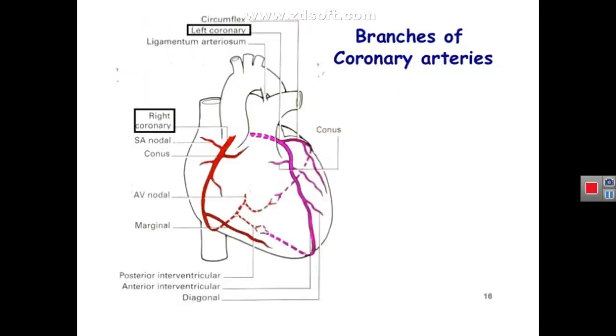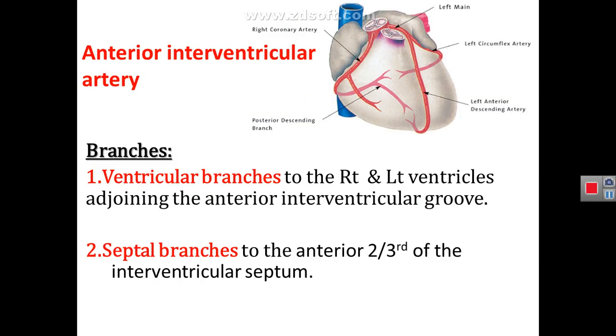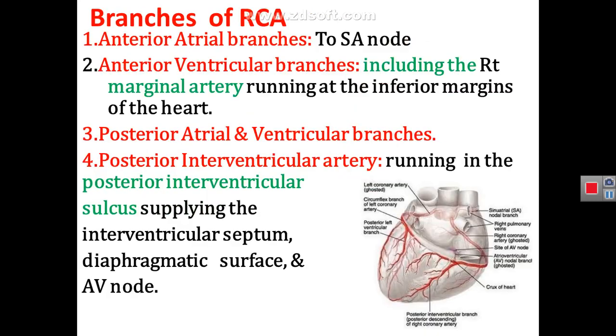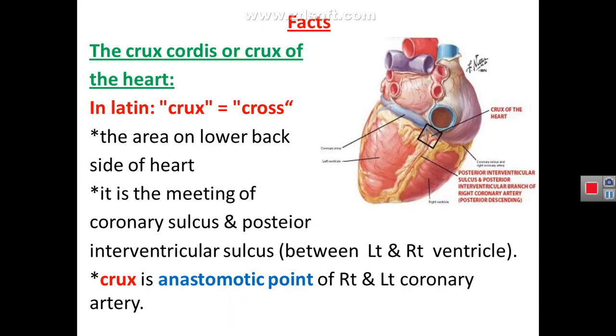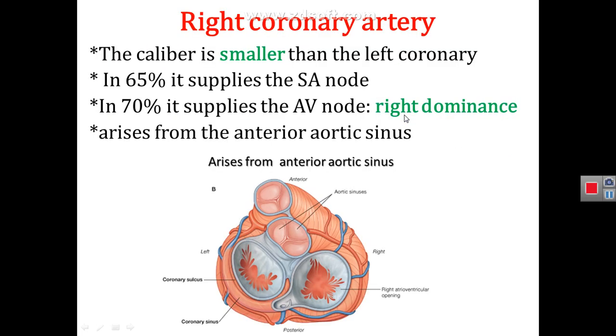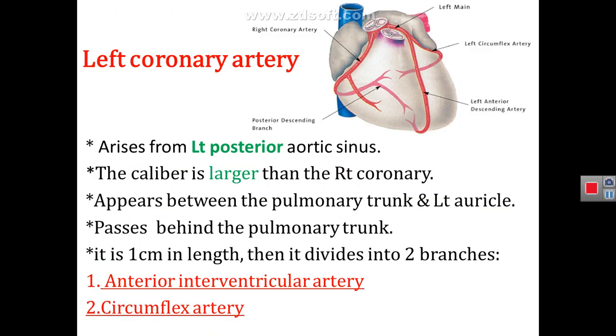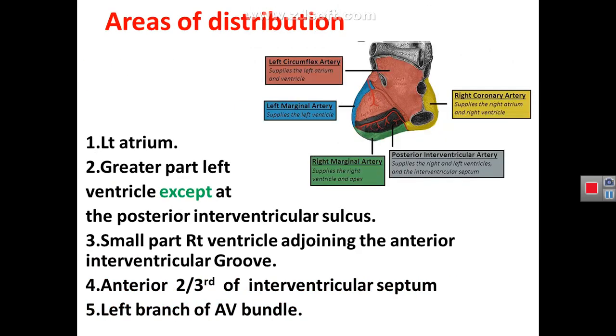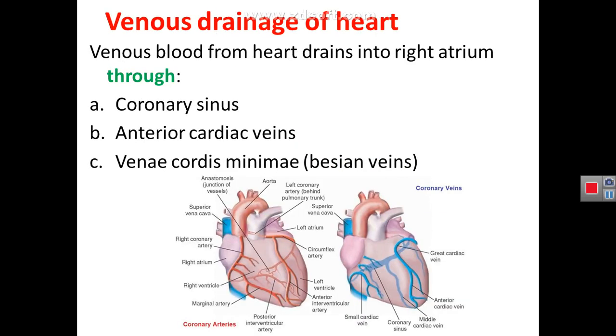I think this figure is more clear for the coronary sinus. You can see it is a big vein running in the posterior left coronary sulcus. This is the major vein of the heart.